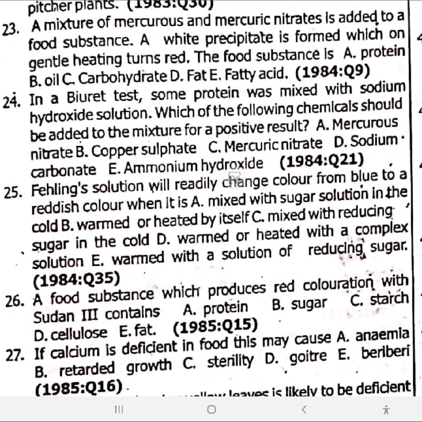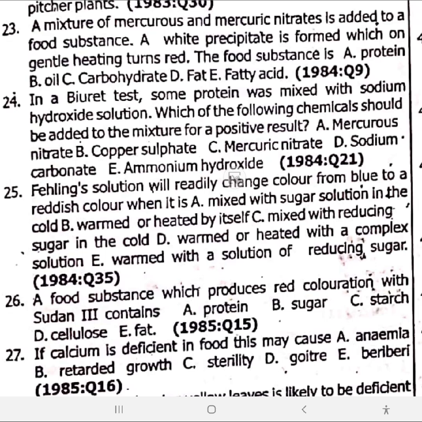And it is made up of caustic soda and copper 2 sulfate. So Millon's reagent contains mercurous and mercuric nitrate, while Biuret contains caustic soda, which is NaOH, and copper sulfate. Don't forget. Next, give one line and write.